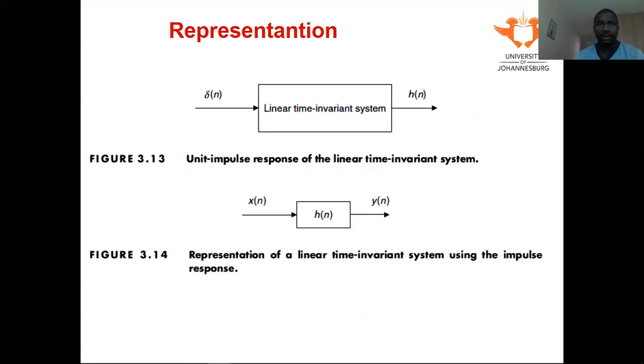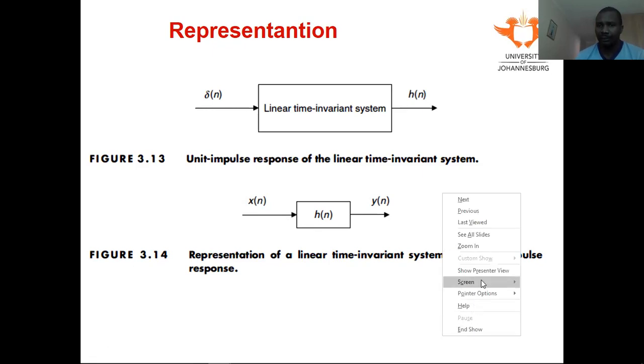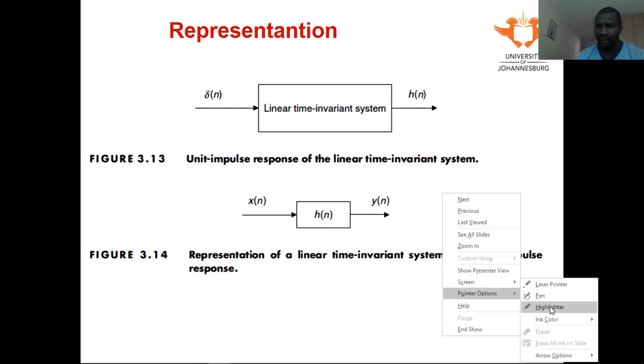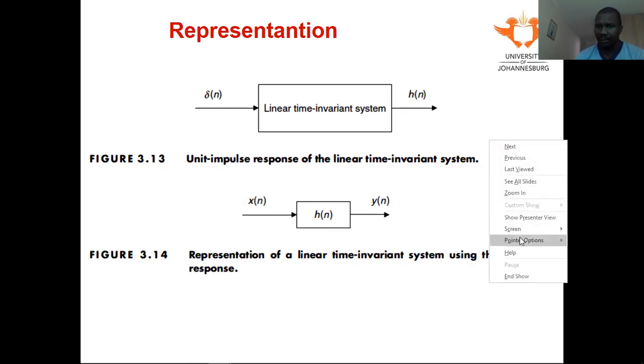We're looking at the representation of a unit pulse response. Remember a unit pulse. We have to start afresh with the pointer options here. We were using a highlighter, and the color was blue.